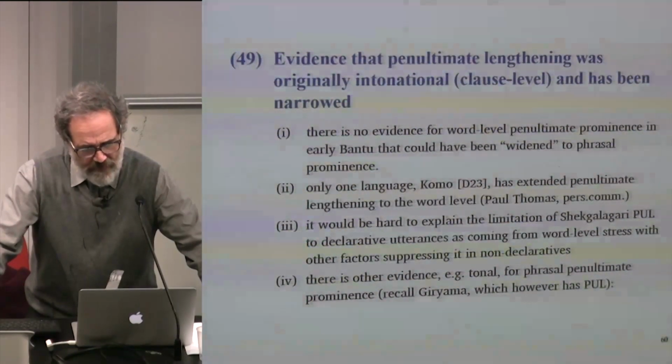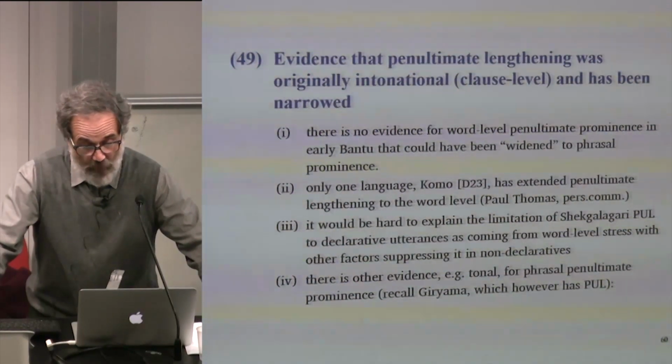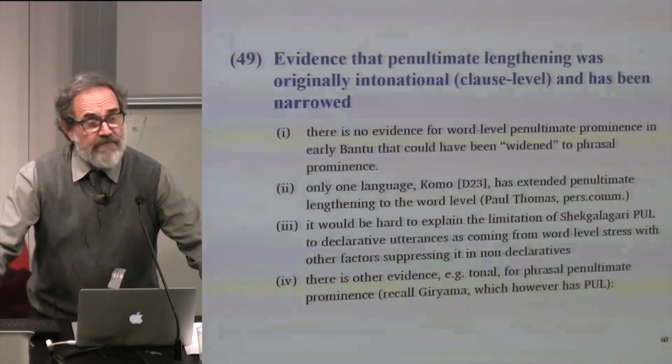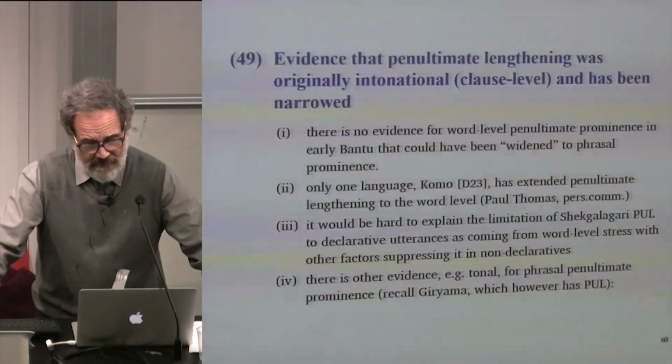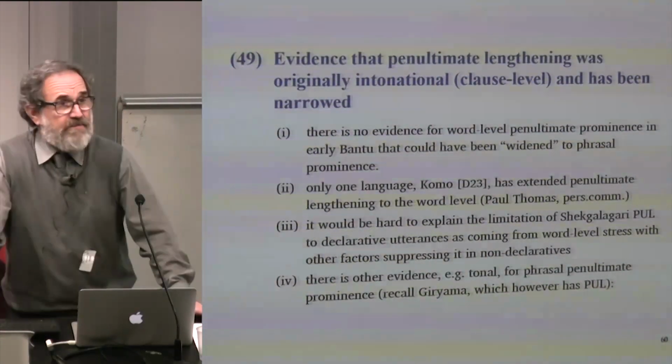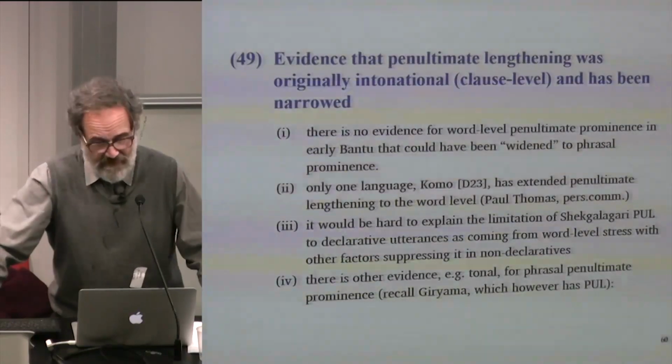Only one language in the whole zone that I have seen, and even this one surprised me, Komo in northern Democratic Republic of Congo, has extended penultimate lengthening to the word level. I have this from a personal communication clarifying his dissertation, that every word lengthens its penultimate vowel. So that could even be viewed as word stress, since it's every word.